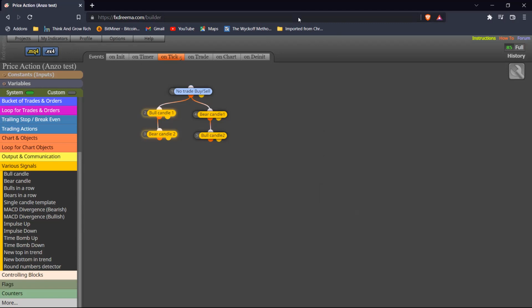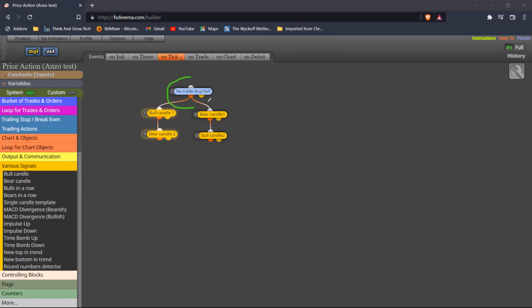So what is going on here is the EA would look and say, okay, if there are no trades, this is when it will run this code. Then it will go through this leg, and it will check the first candle. Is it a bullish candle? If yes, is the body of the candle bigger than 5 pips?